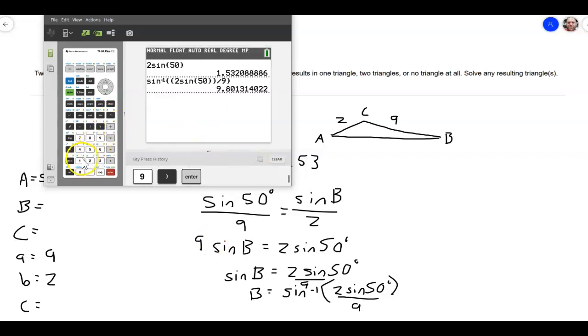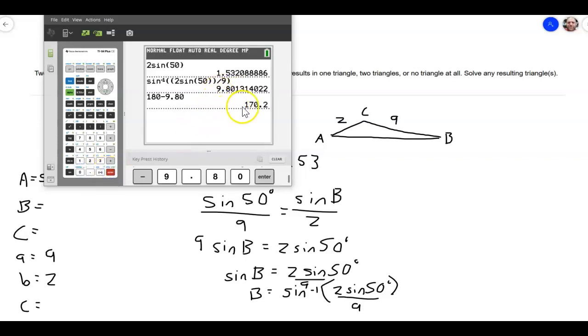So if I look at 180 minus 9.80, I also have to consider 170.2, because that's also another angle on our unit circle that will give us the same value as 9.80.